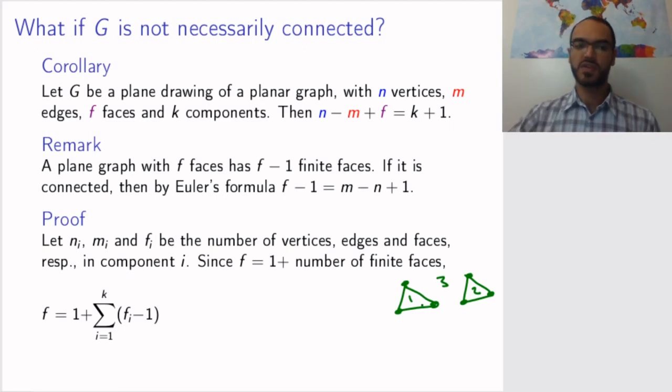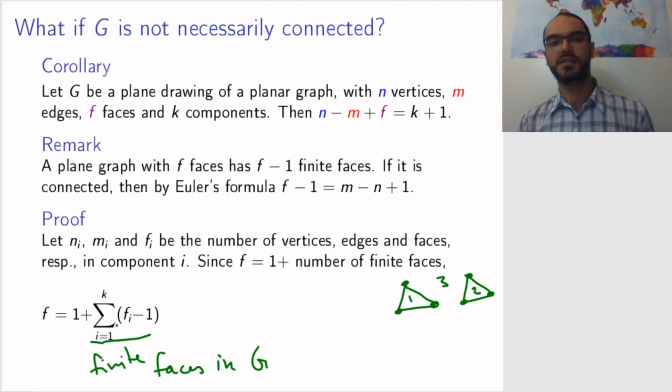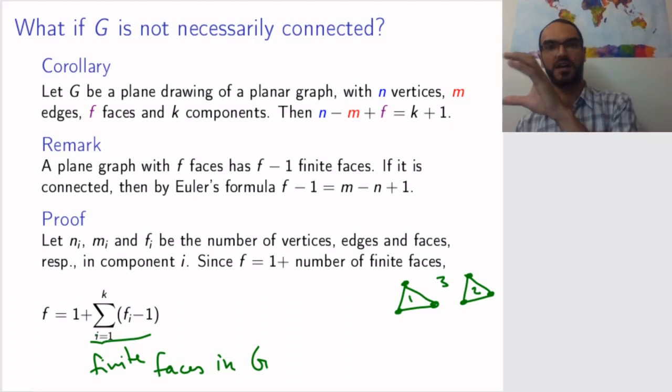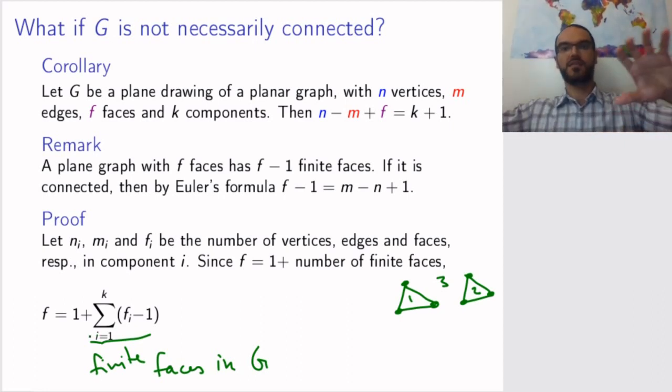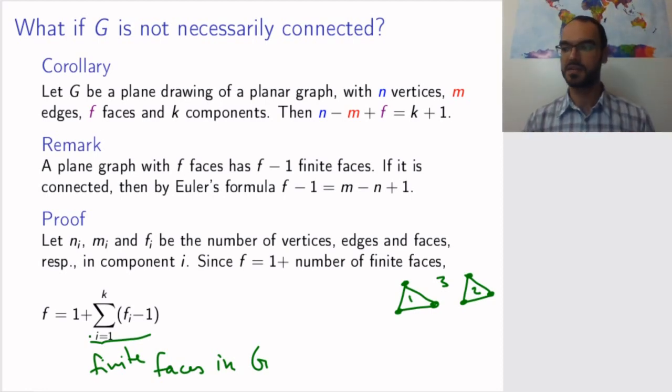Okay, so the number of faces in the total graph is 1 plus the number of finite faces. These are the finite faces in G. And the number of them is just the sum of the number of all finite faces in each graph, because the components are disjoint from each other, so they enclose different finite faces.